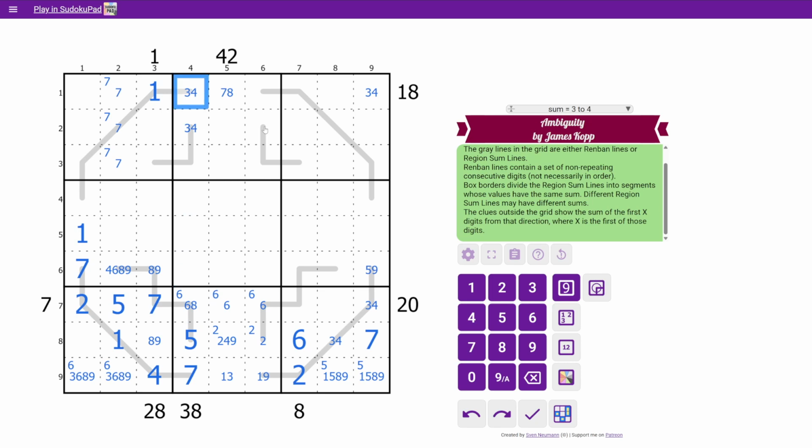We've made a 3-4 combo on the top row. And we know that this is a Rin band now. So we know that we have to have a 2 on it, and we know the 2 goes there. Now this is a 3, 4, 5. This is a 3, 4, 5.